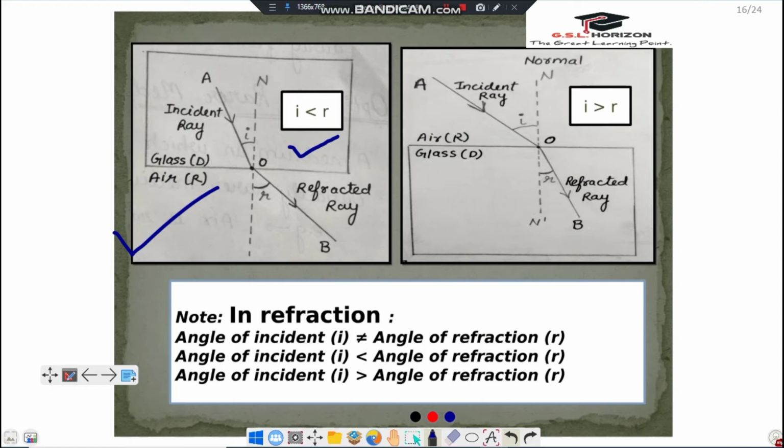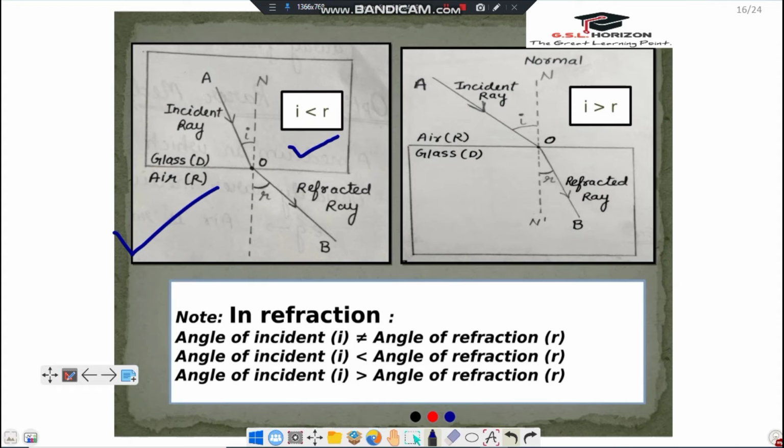When the incident ray comes from a denser medium to a rarer medium, then the angle of refraction is greater. Hence the angle of refraction is greater in this case, when the ray of light goes from a denser medium to a rarer medium.